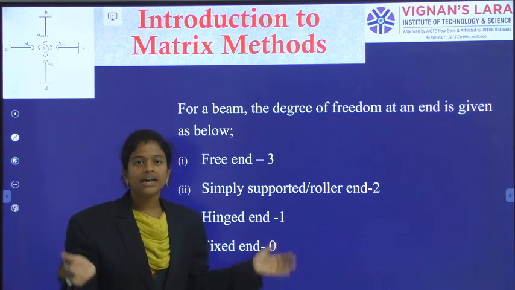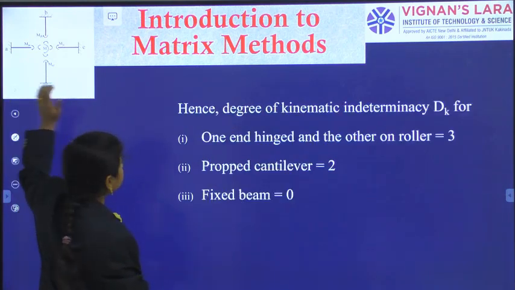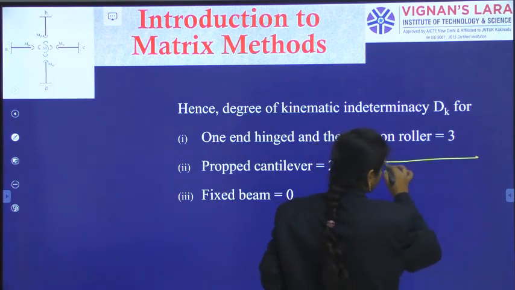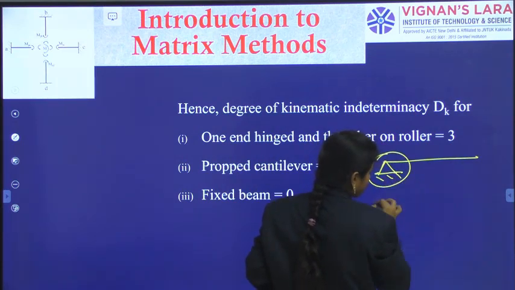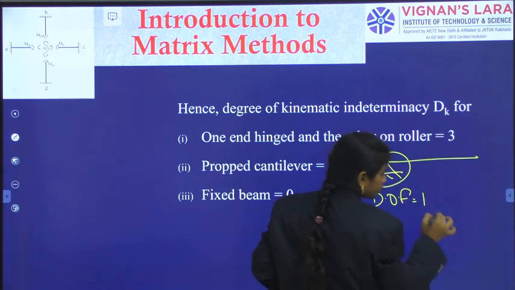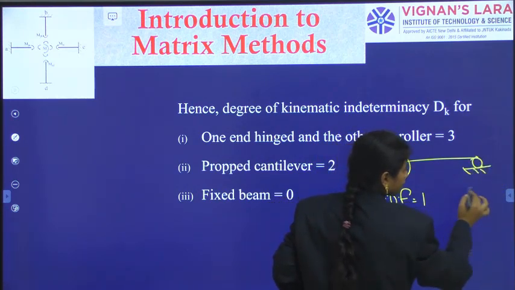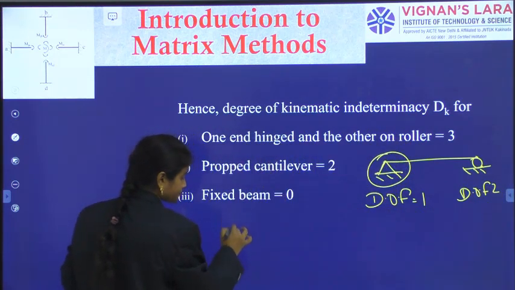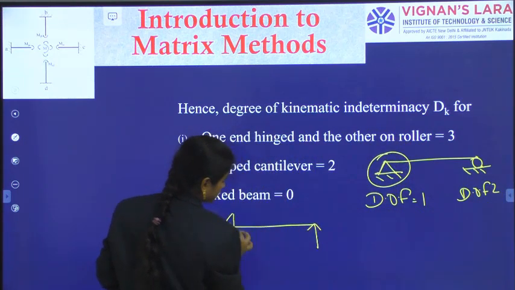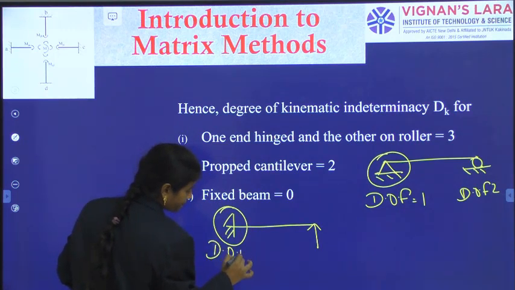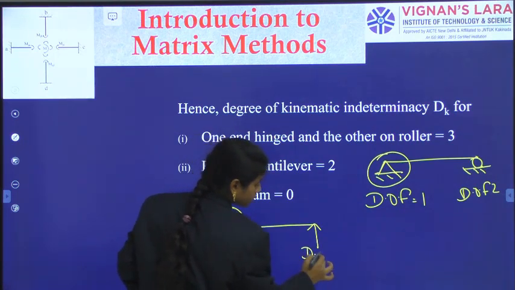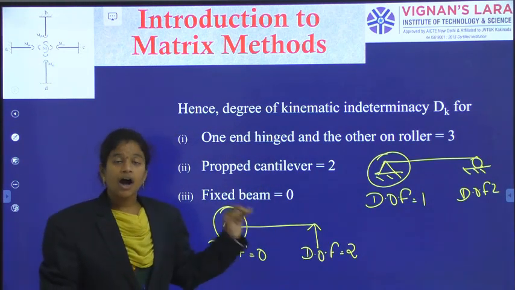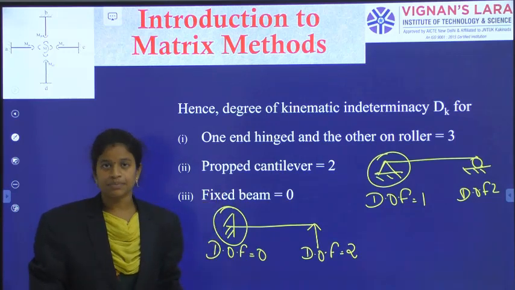Now, these supports in combination make up the structure, and for a beam structure, what are the unknowns? For one end hinged and the other end roller, the degree of freedom is 1 at one joint and 2 at the other. For the propped cantilever, the degree of freedom is 0 at one end and 2 at the other. Because the degree of freedom is how many ways the joint can displace.